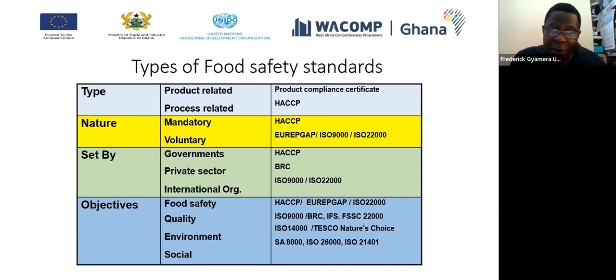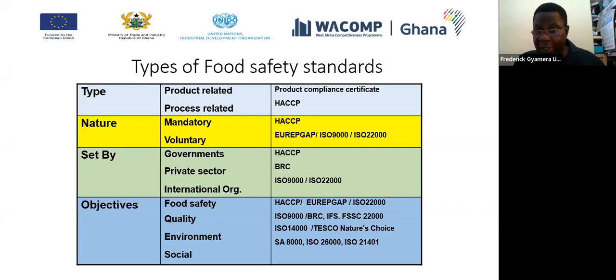Then environmental, 14,000, environmental. Then they have another private standard called the Tesco Nature's Choice. Those of you who want to do business in Britain or some countries in Europe, beware of this. And then you have the SA, which is the labor standards, and therefore you have to get a certificate against SA.